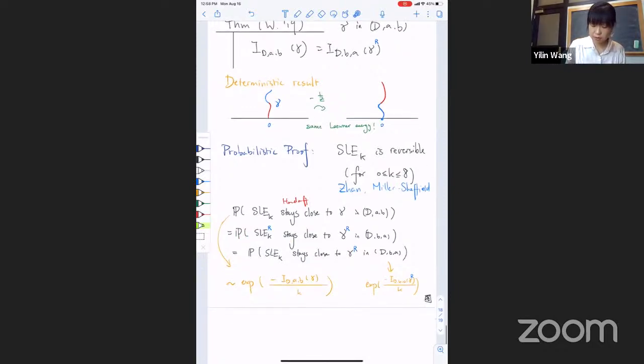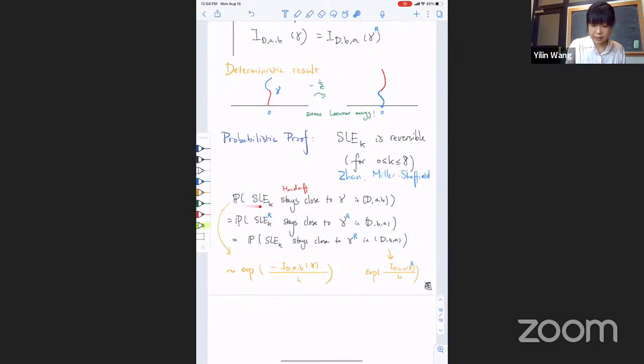You just reverse everything. But because of the reversibility of SLE kappa, this reversed SLE kappa has the same law as the SLE kappa itself. So SLE kappa stays close to the reversed gamma in D from B to A. And this first probability has the asymptotic expansion, when kappa goes to 0, of minus the Loewner energy of gamma in D from A to B. But for this one, we get the energy in D from B to A for the reversed curve.